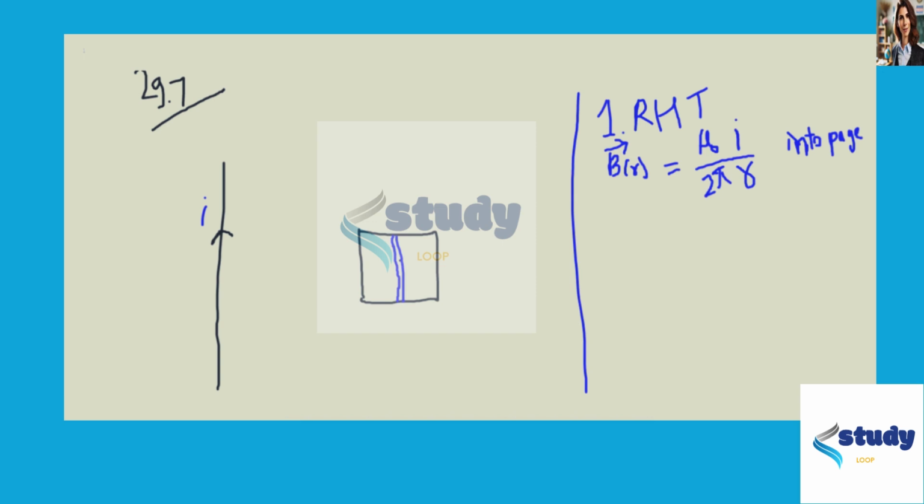So in the second problem, we are asked what is the flux that passes through this blue stripe.